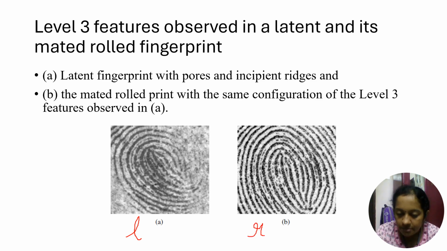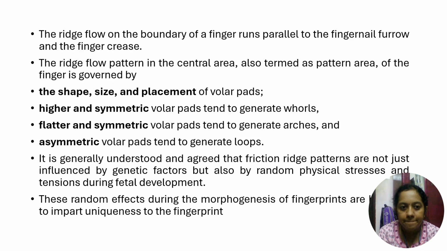In a rolled fingerprint you can see distinctive structures, while in the latent, which is partial as well as smudged, you cannot count the pores even using a highly designed machine learning algorithm.